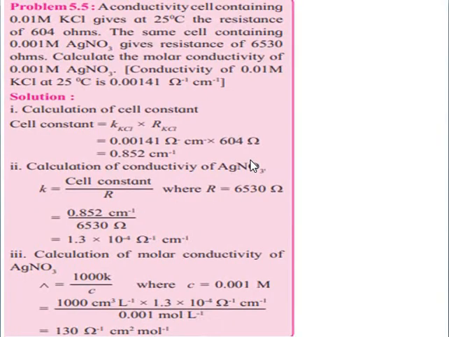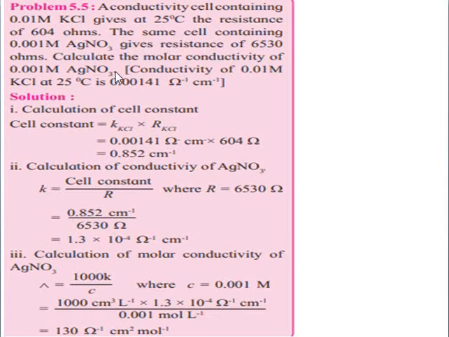Second, problem number 5.5. A conductivity cell containing 0.01 molar KCl gives, at 25 degrees Celsius, a resistance of 604 ohms.